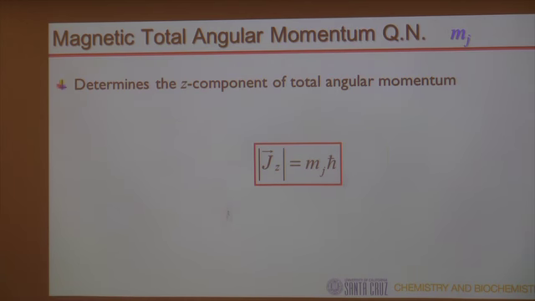This means you have a total angular momentum, you project it on the Z axis, and the magnitude on the Z axis is the Z component of the total angular momentum. We don't have any physical picture to show you the total angular momentum. They're just intrinsic properties of the atom. Any questions?